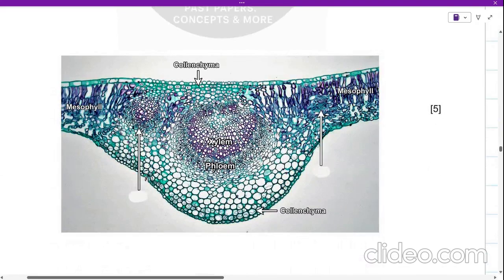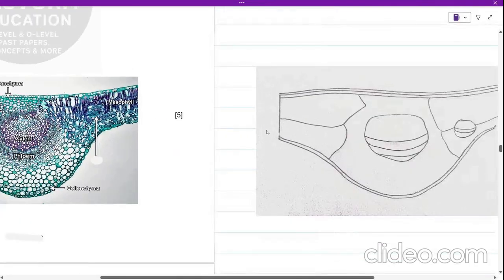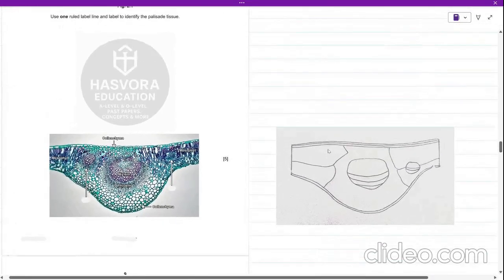So this is the slide which I have chosen. Actually, I am not using the actual slide which was provided in the examinations, but you can say it is also a transverse section of a plant leaf. This will be the slide from which I'm going to be making the plan diagram. I have already made this plan diagram from it. Let me just drag it here.